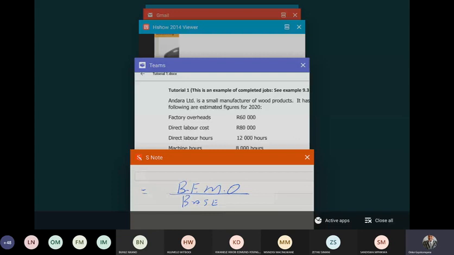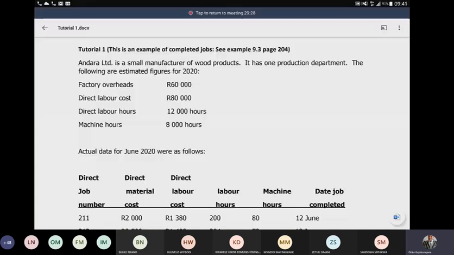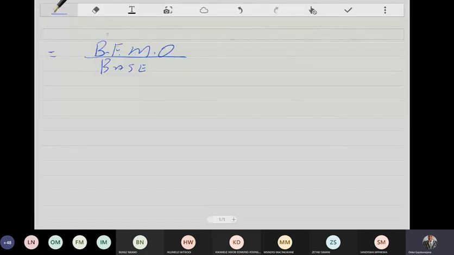So we've got factory overheads, which is a combination of your variable and fixed overheads. So this is your 60,000 that we are looking for. So our formula is budgeted manufacturing overheads divided by the base, and our budgeted manufacturing overheads is 60,000.